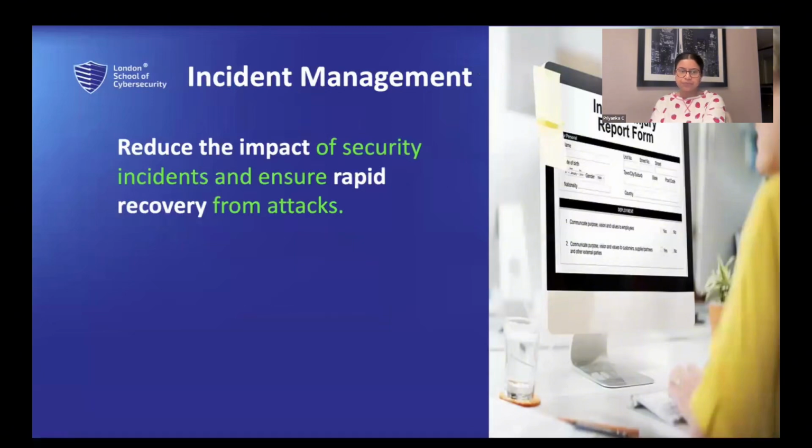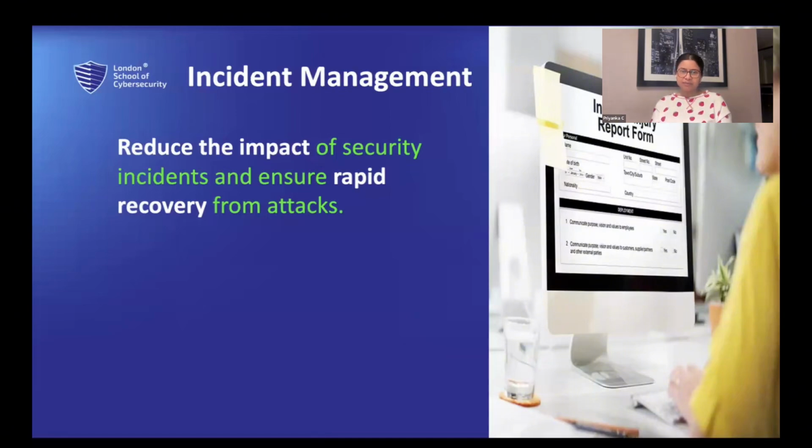Okay. Now we have incident management. We talked about the networks, the applications, the devices, and we also talked about keeping the data safe. But this is life. Things will go wrong, accidents will happen, incidents will happen, attacks will happen.